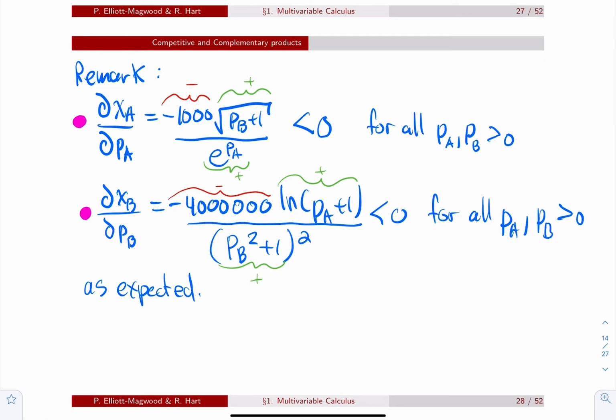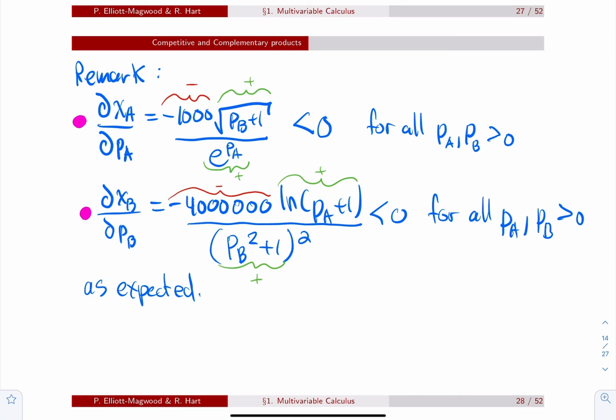So overall, this expression is always going to be strictly negative for all PA, PB strictly bigger than 0. And this is again as expected. So you don't have to compute those partial derivatives, but this is just a nice exercise. If you do compute these two partial derivatives, if the models are good, they're going to be always strictly negative. But again, this is just a remark here.